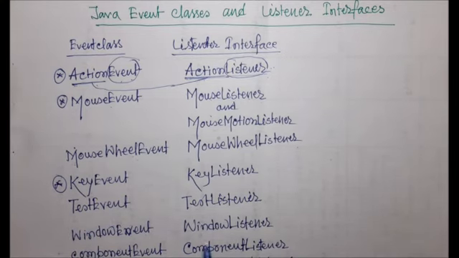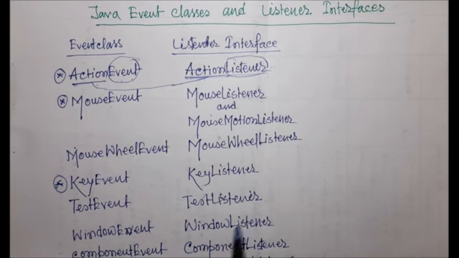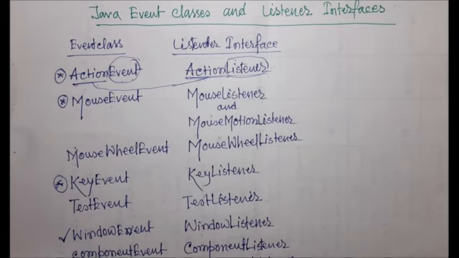The listener name is text listener. Window event, window listener. Sometimes if I click somewhere in my window, the window will be minimized, sometimes maximized, sometimes I want to close it. So window event is one of the important ones, and most of the time we use it. Component event, the corresponding listener is component listener.